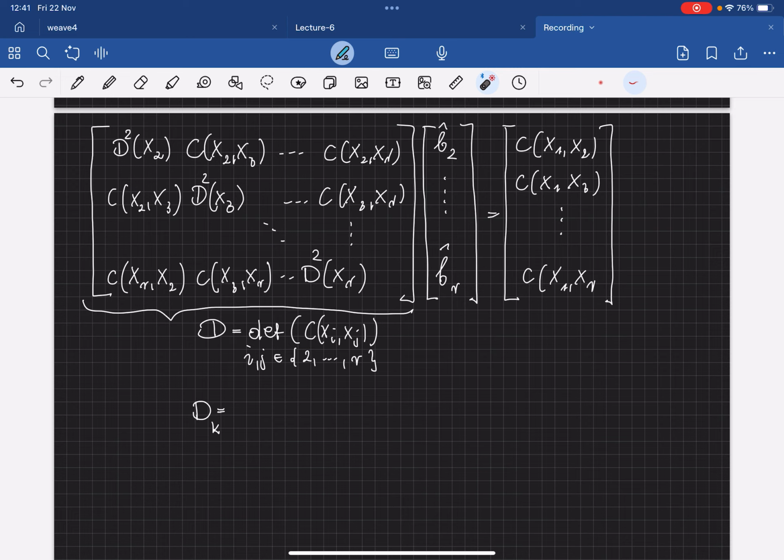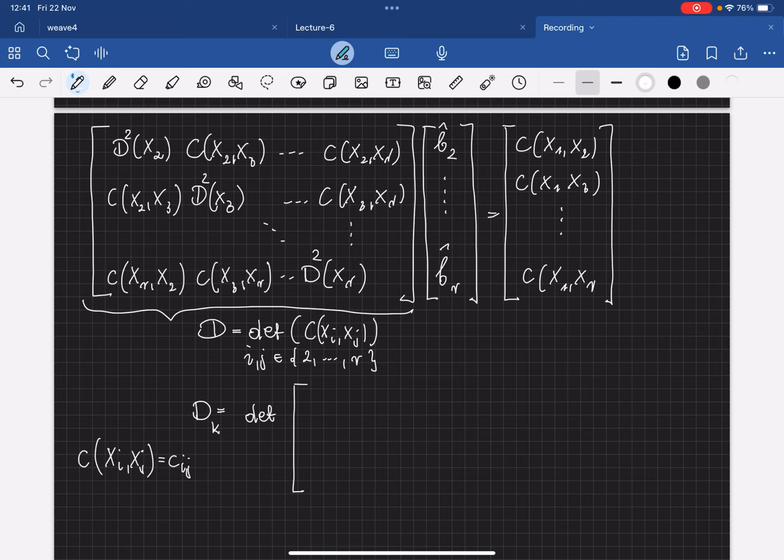Therefore, Dk will be the determinant of the following form. For simplicity, I will denote C of xi, xj by just Cij.